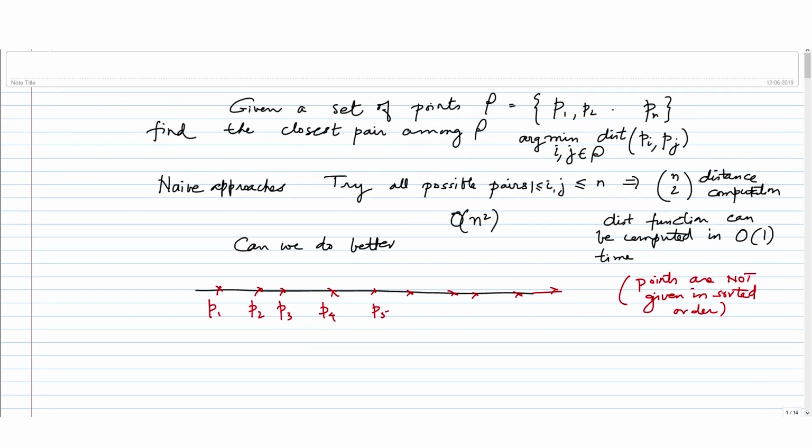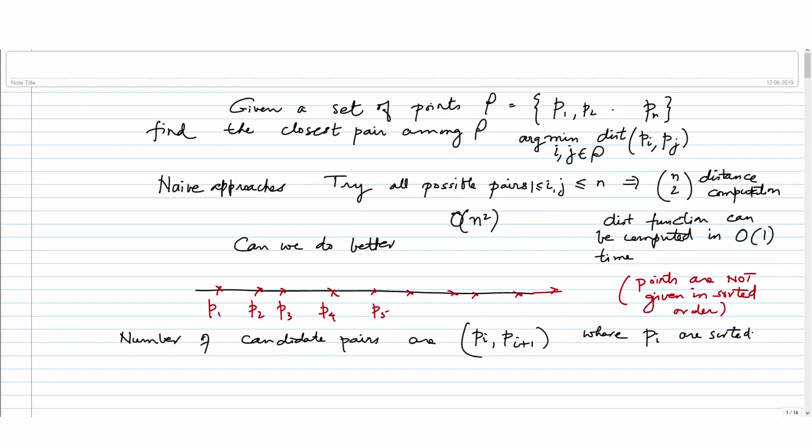So the number of candidate pairs are p_i, p_{i+1}, where the p_i are sorted.